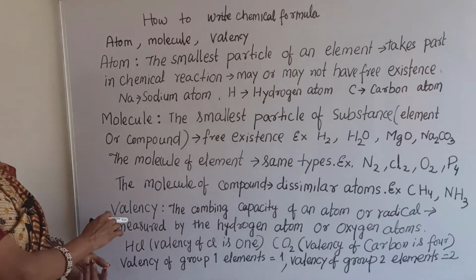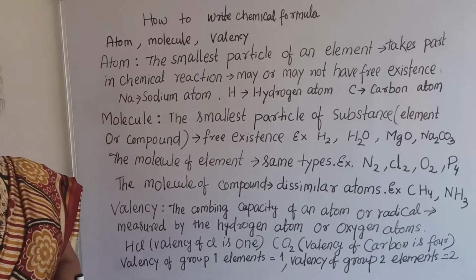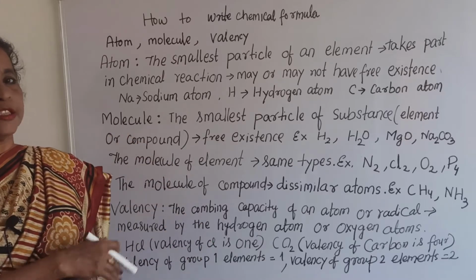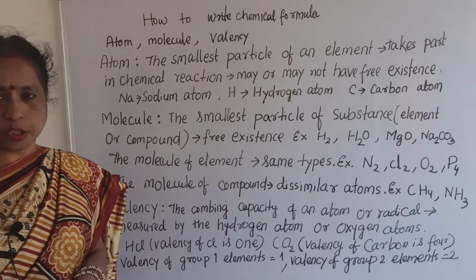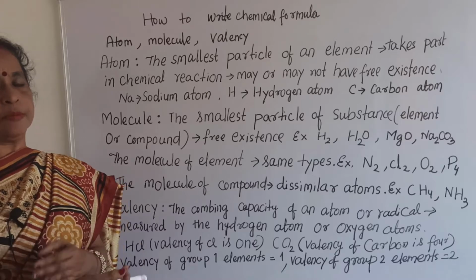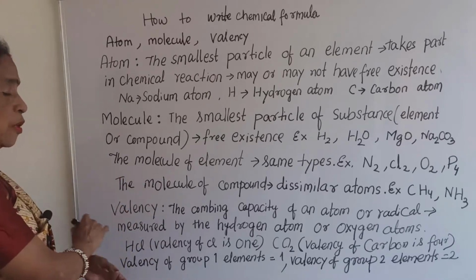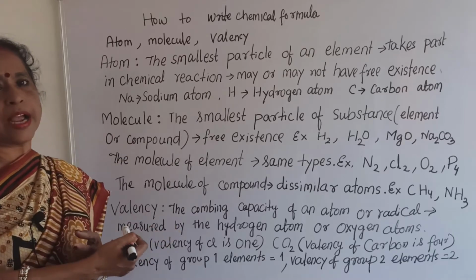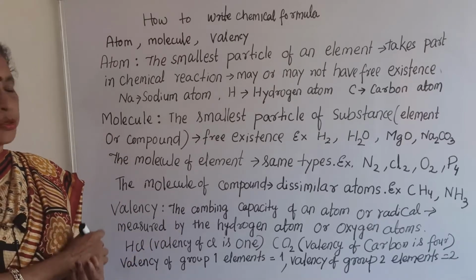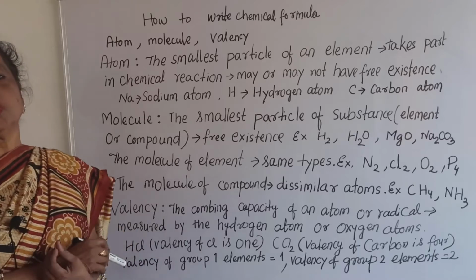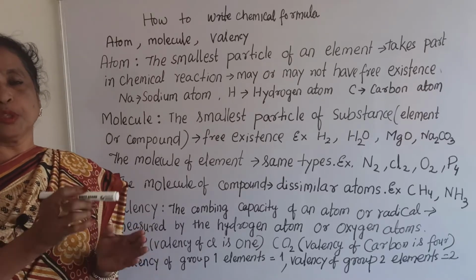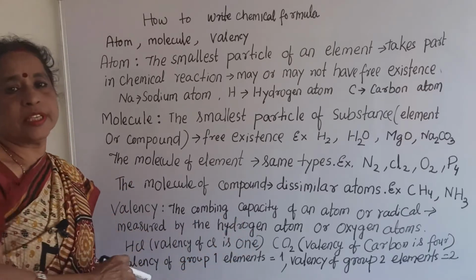And valency is the combining capacity of an element with others, especially measured in terms of hydrogen and oxygen. If it is oxygen, double times with oxygen. If it is hydrogen, one time. So hydrochloric acid, since it is combined one time, is known as valency 1, and in CO2, where double time you will see 2 into 2, 4, so the valency of carbon is 4.